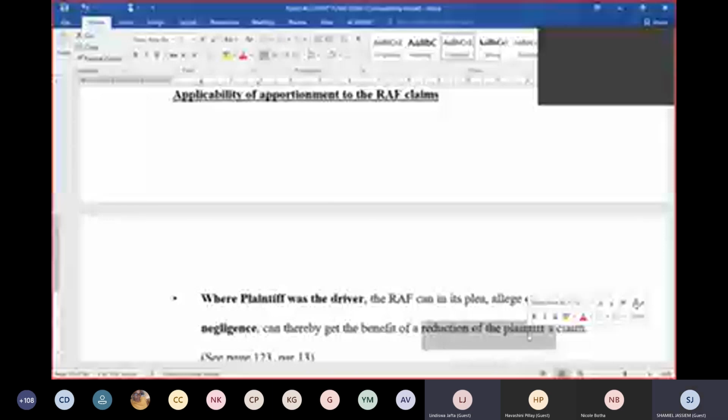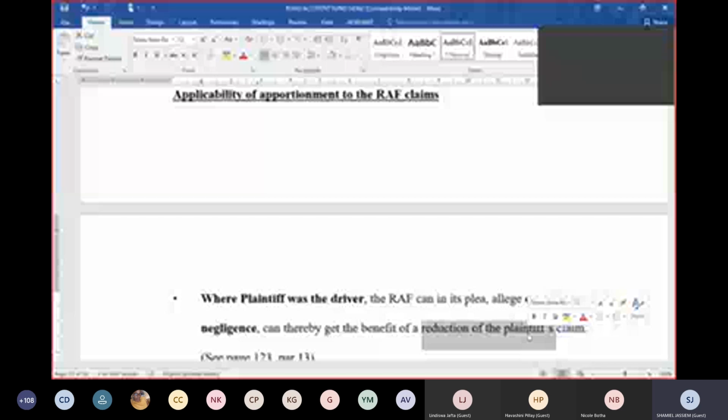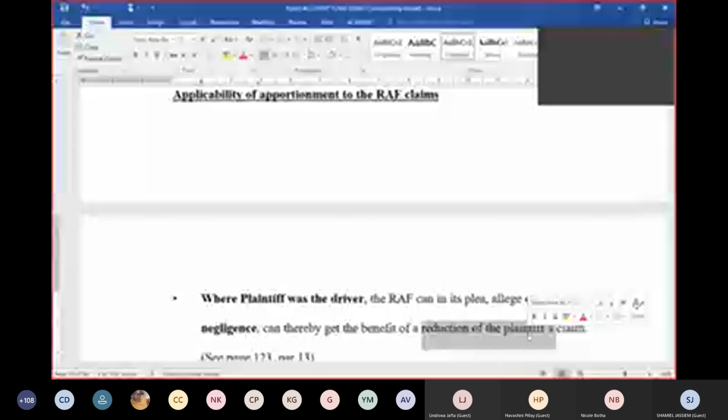Okay, so that is the scenario that we're facing. We must now give advice to the Road Accident Fund. The Road Accident Fund received a summons from this lady, and in the summons, the lady is the plaintiff in her personal capacity for hospital and medical expenses, and she is also a plaintiff in a representative capacity on behalf of the minor child.